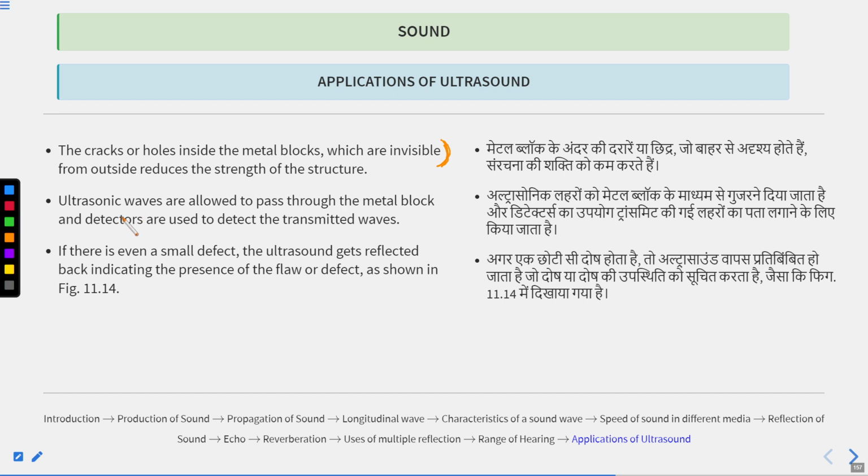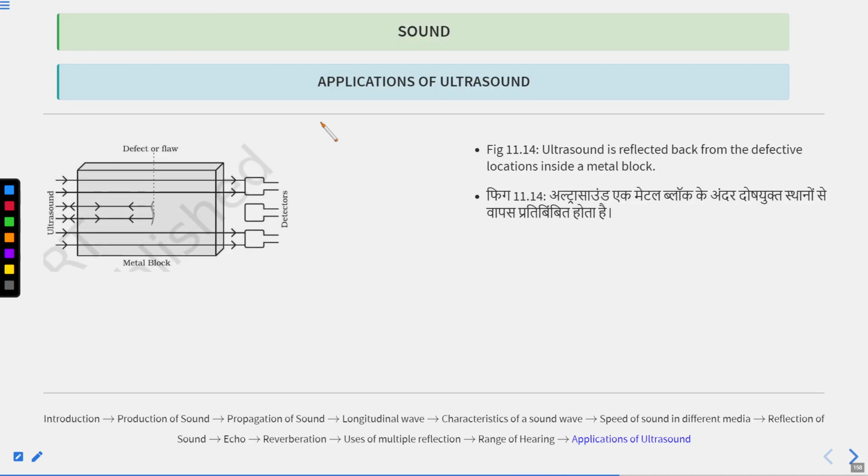Ultrasonic waves are allowed to pass through the metal block, and detectors are used to detect the transmitted wave. If there is even a small defect, the ultrasound gets reflected back, indicating the presence of a flaw or defect, as I showed you in this figure.